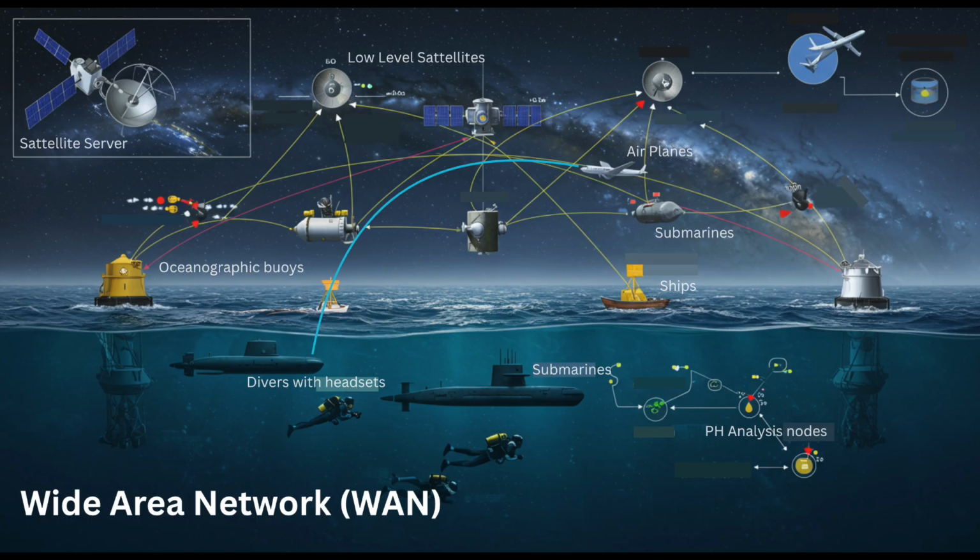And then I wanted to also get into the wide area network. It also shows the oceanographic buoys. And now they have these new protocols and this new system that allows signals to go from submarines all the way to airplanes. And I thought that was really cool.